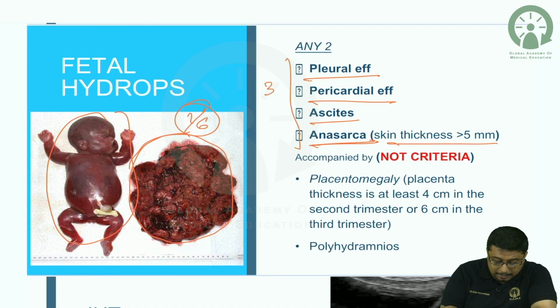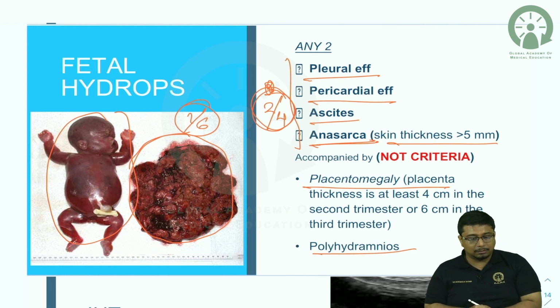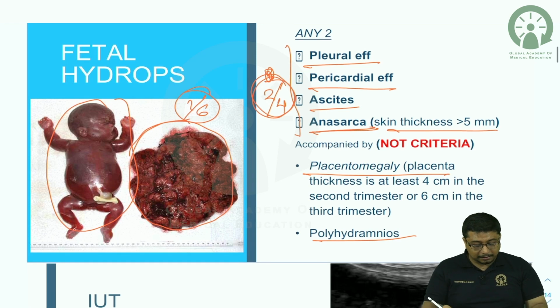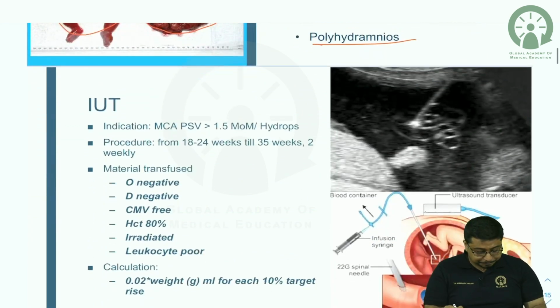So any two of these four have to be present. Placentomegaly and polyhydramnios, even though seen together, are not diagnostic criteria. So don't get confused. One of the third space fluid accumulations should be there, either pleural or pericardial or abdominal or in the skin space.